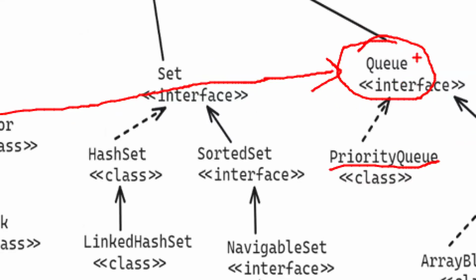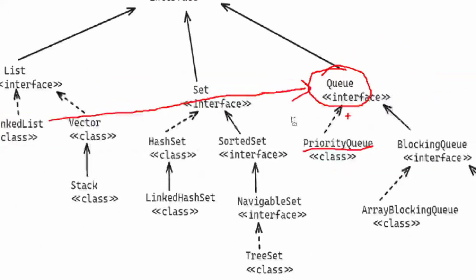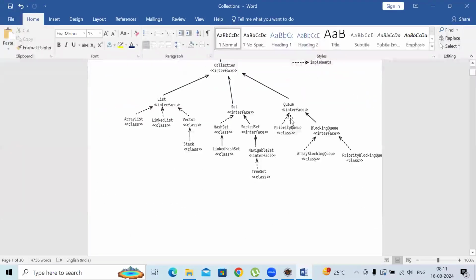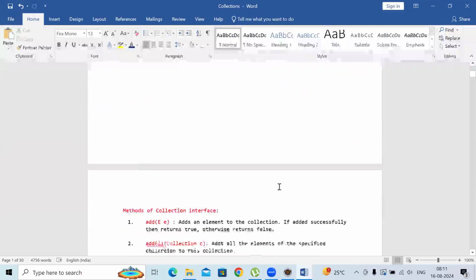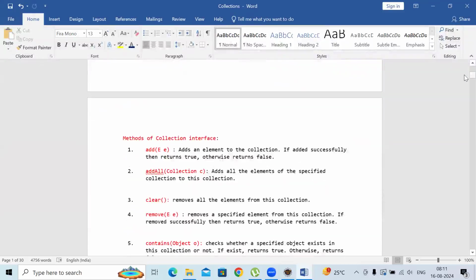Let's see first of all what the methods in queue are. So queue is a collection which maintains elements in first in, first out order, FIFO, or first in first serve order, whatever it is. That's called FIFO. Let's see what the methods in the queue interface are.